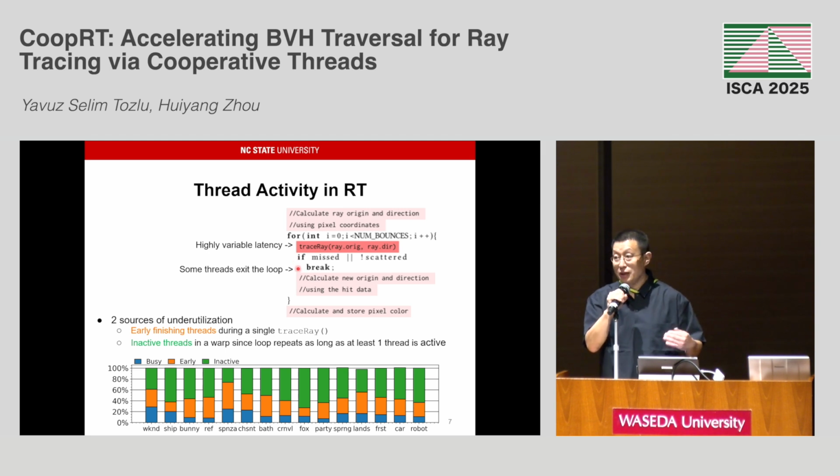But unfortunately, as we know, when the warp is executed, all 32 threads participate in this SIMD execution manner. As long as there is one thread saying, I do not want to break out, you will have completely idle threads coming into this operation. So that's basically the second source of hardware underutilization.